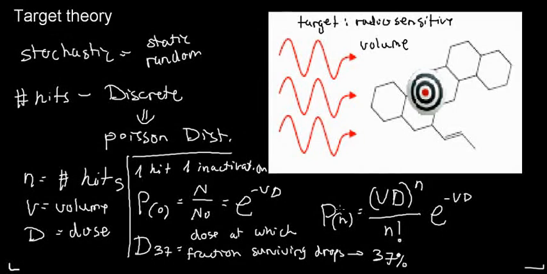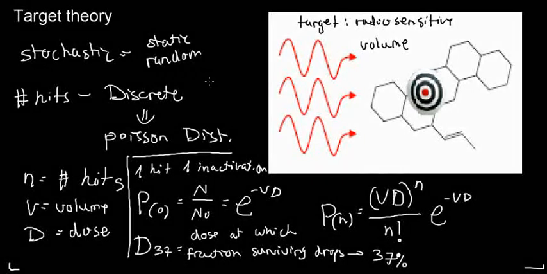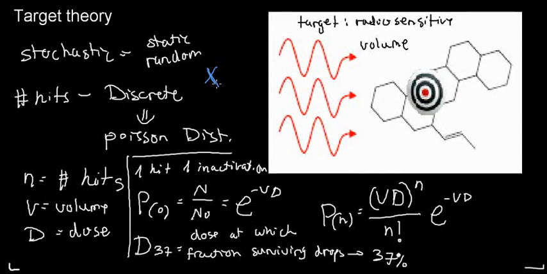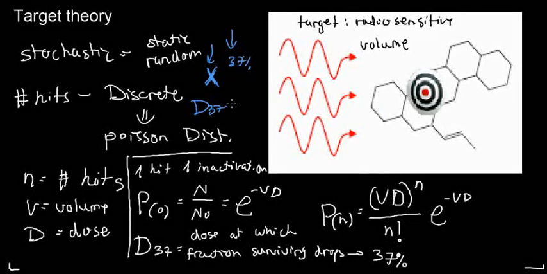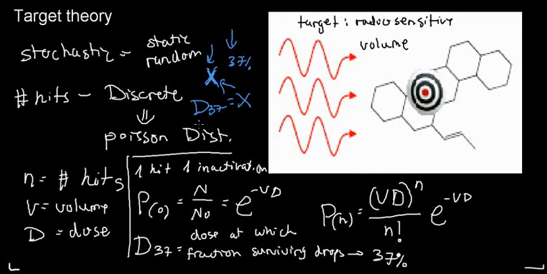And that's pretty much it. So if I have an X dose applied, and if I apply this X dose, I lose everybody but 37%. This dose would be my D37. So that's all we really need to know about that.